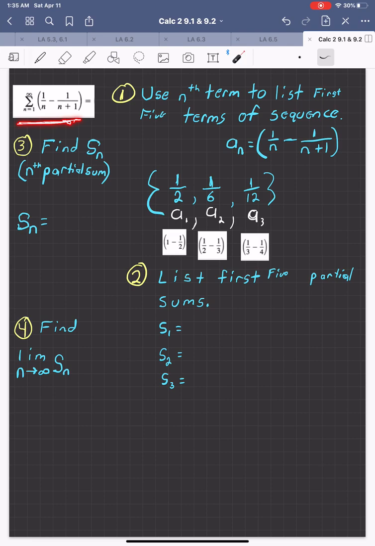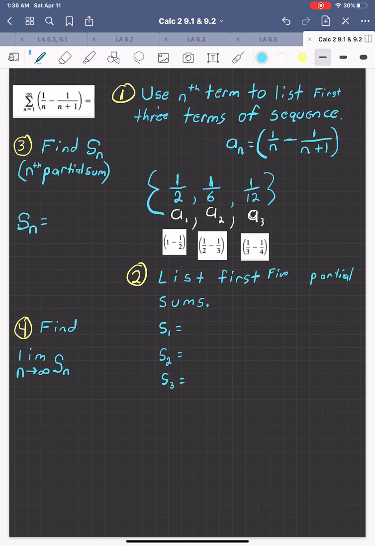All right, now what I'm doing here is I'm going to use the nth term. What is the nth term? Well, that is the a sub n. I said 5, but I'm actually just going to do the first 3 terms of the sequence.